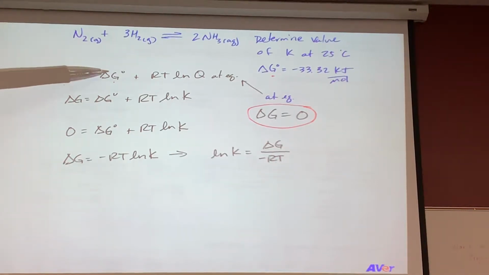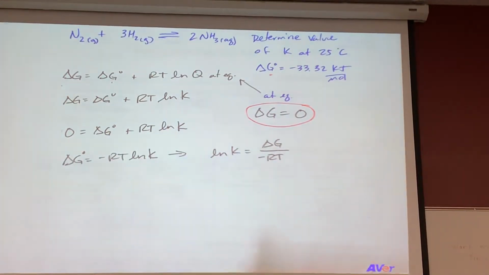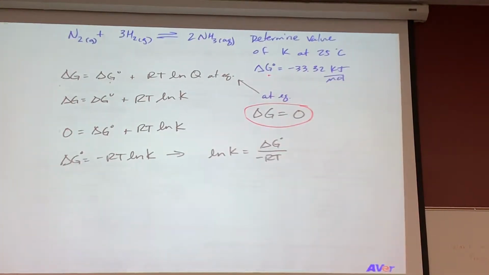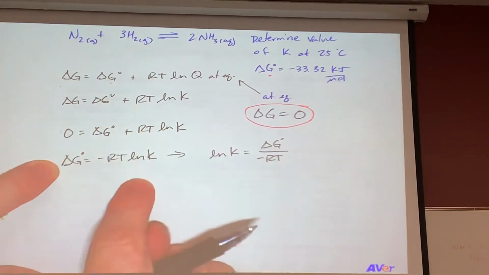So delta G standard conditions here, delta G non-standard is 0, it's equilibrium. Now you can take this one and rearrange it so you get delta G, little circle up there, is equal to this. I've just moved this to the other side.